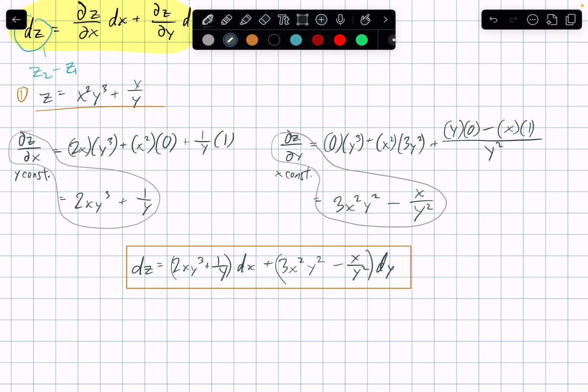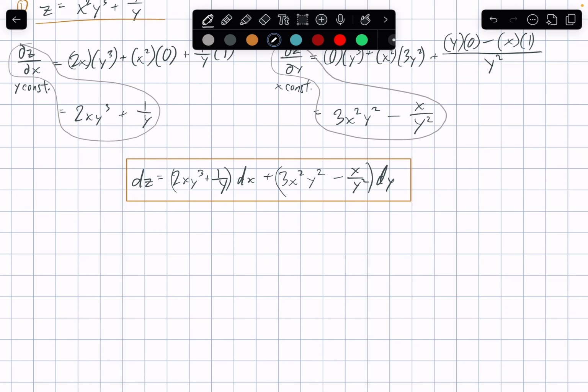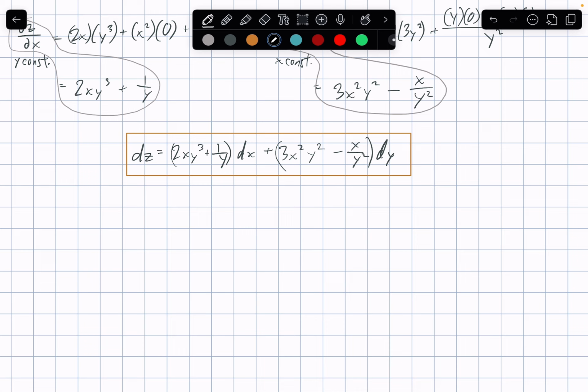What else? Let's compare total differentials and differentials of multiple variables. What's the difference when we try to solve? Let me see first if I can provide a proper example to compare the difference of the two.